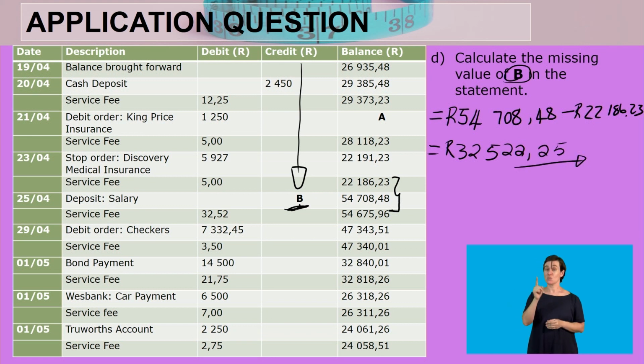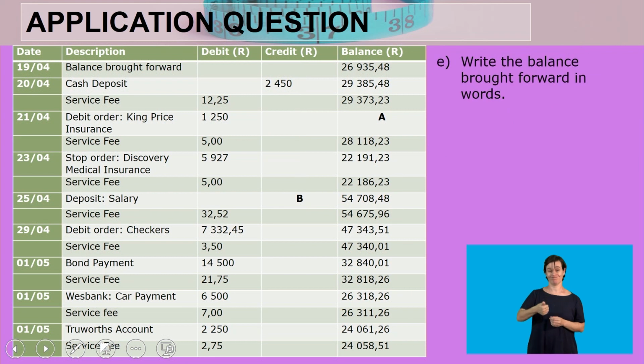So the amount that was deposited on our credit, which was B, was 32,522.25. If you need to prove that your answer is correct, you can say 32,522 rand 25 cents plus 22,186.23. It will give you the new balance, which is 54,708 rand 48 cents.